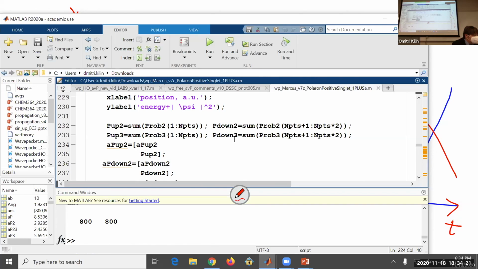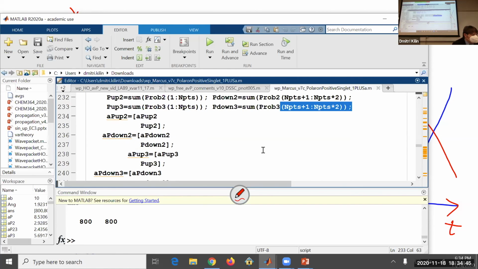I would admit it is not the best abbreviation. But it is probability in the state up method 3, probability in the state down method 3. So we integrate from the first point to the middle, and from the middle to the end.